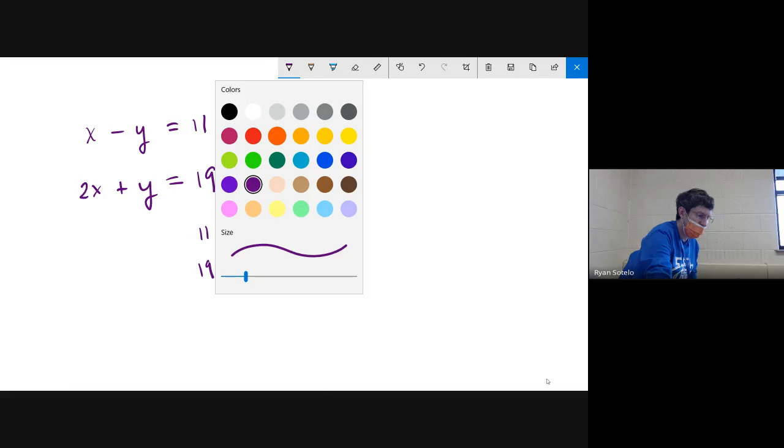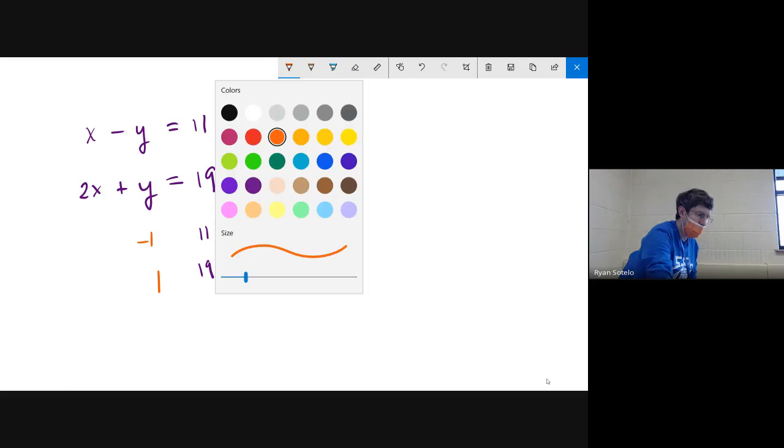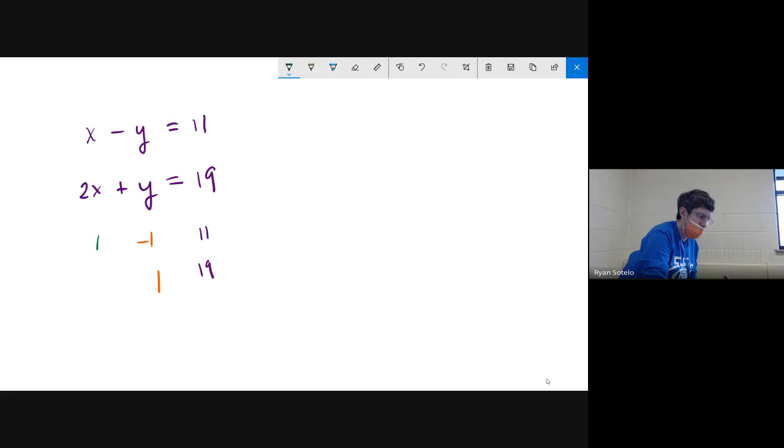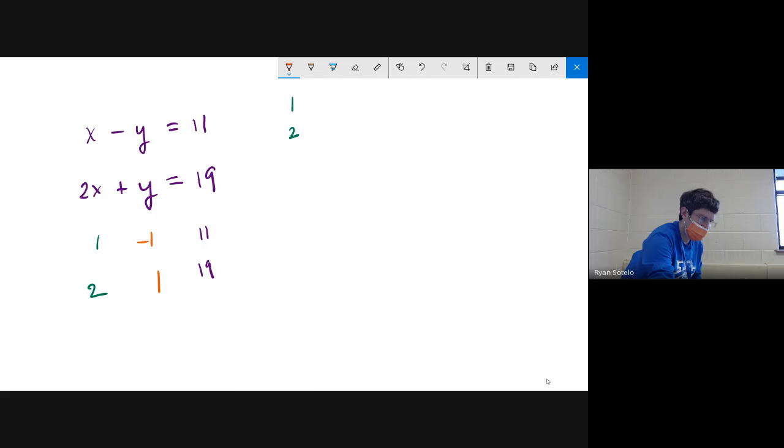We'll call red the y values, minus 1 and 1, and the x values are 1 and 2. I'm just looking at the numbers in front, just the coefficients. One matrix will be 1, 2, minus 1, 1.